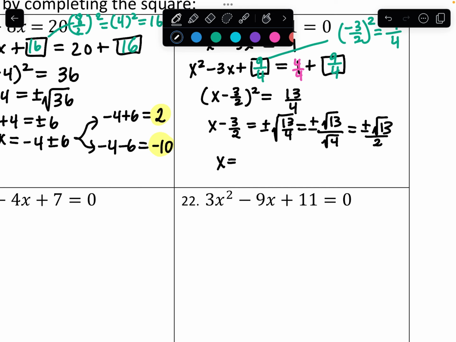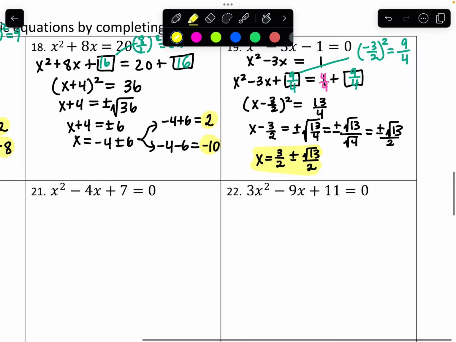Okay, and so we're going to move the 3/2 over, so now it's positive, and we have to add that to √13/2. So we have two irrational solutions since √13 can't be simplified.